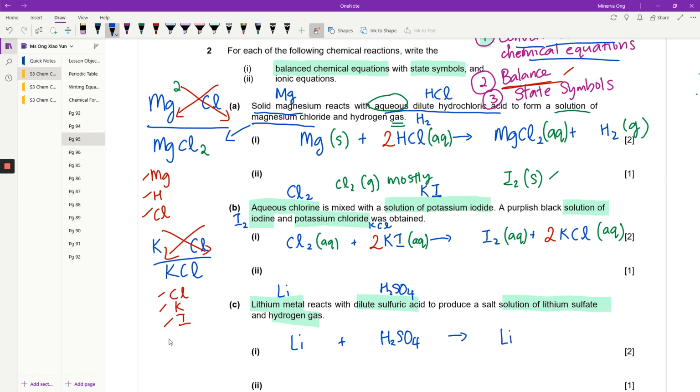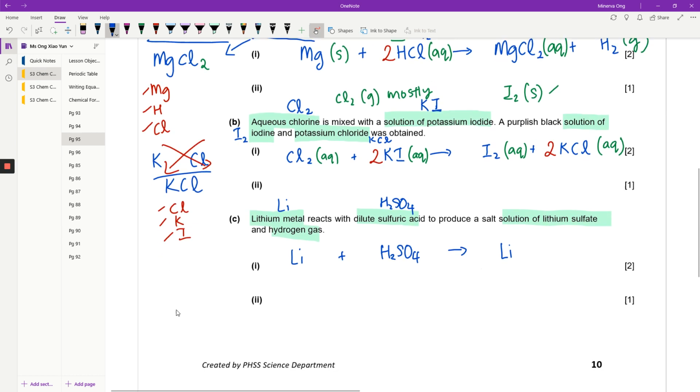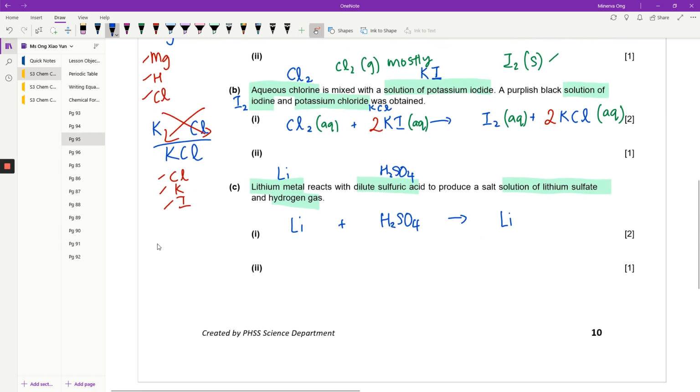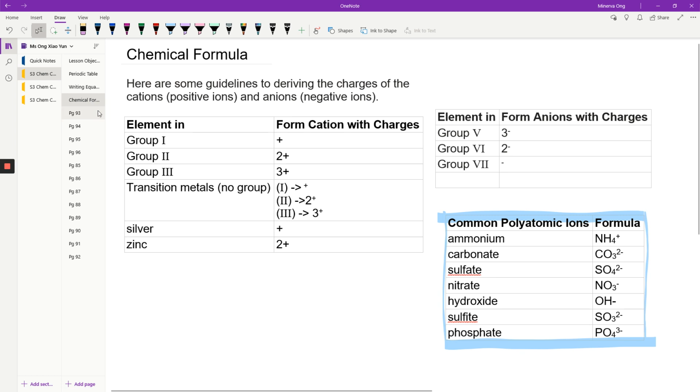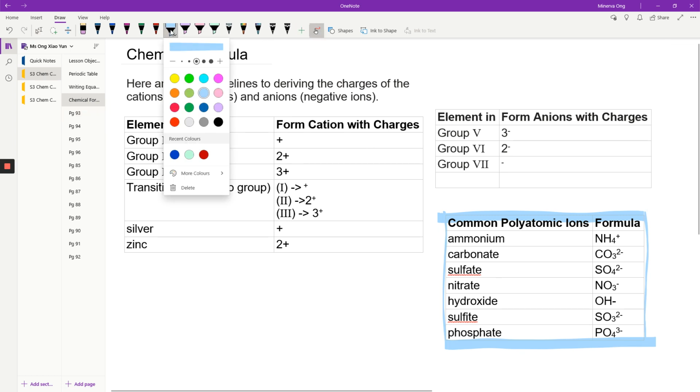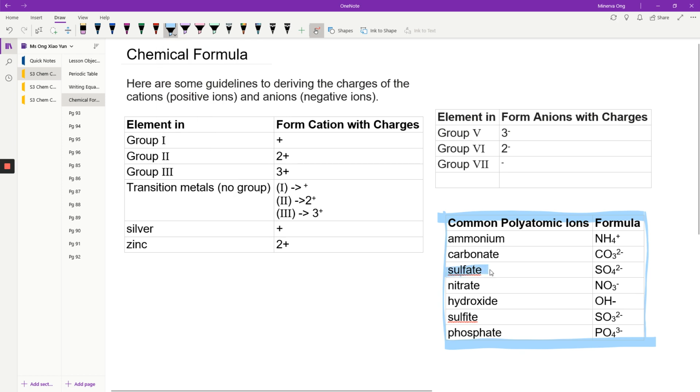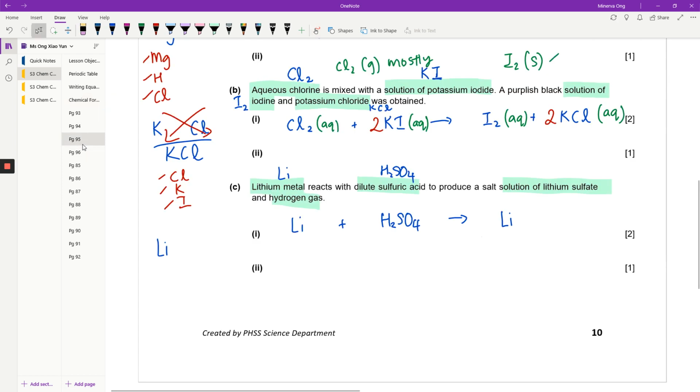Lithium sulfate. So let's move down a bit for more space. Periodic table, lithium. Let me show you where. Lithium is group 1. Sulfate is SO4 2 minus.